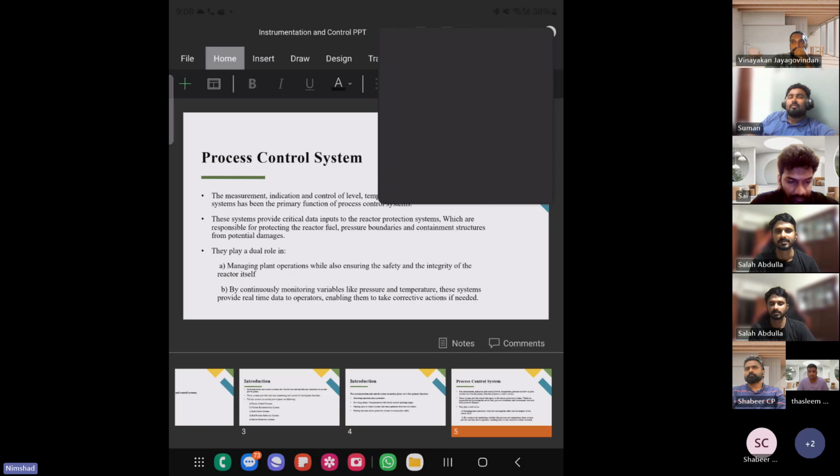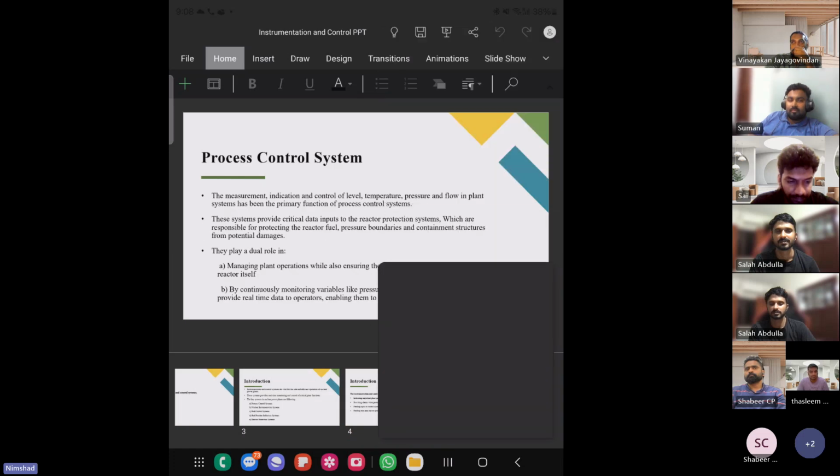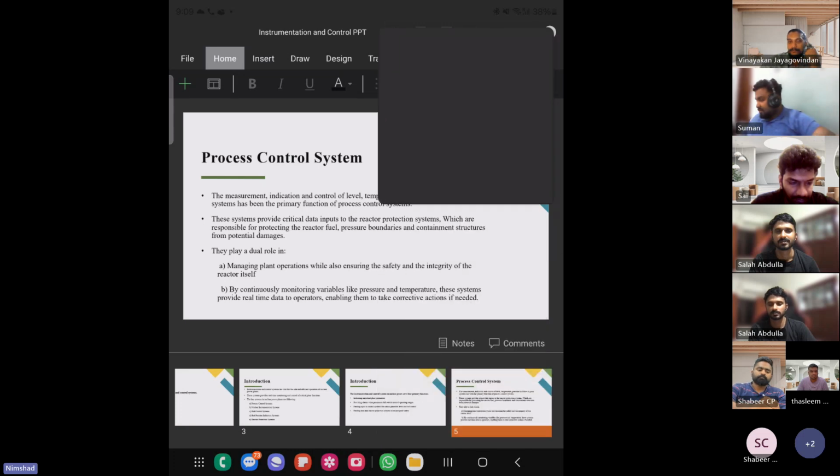So now we'll go through the process control system. What is a process control system? The main function of the process control system is measurement, indication, and control of level, temperature, pressure, and flow in plant systems. That is the primary function. These systems provide critical data inputs to the reactor protection system also.